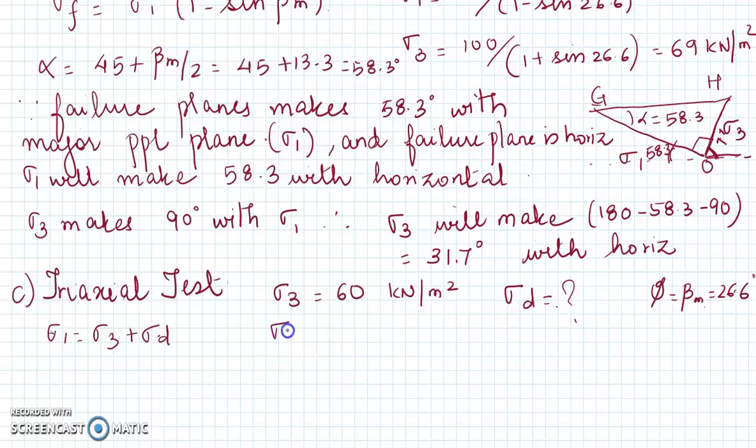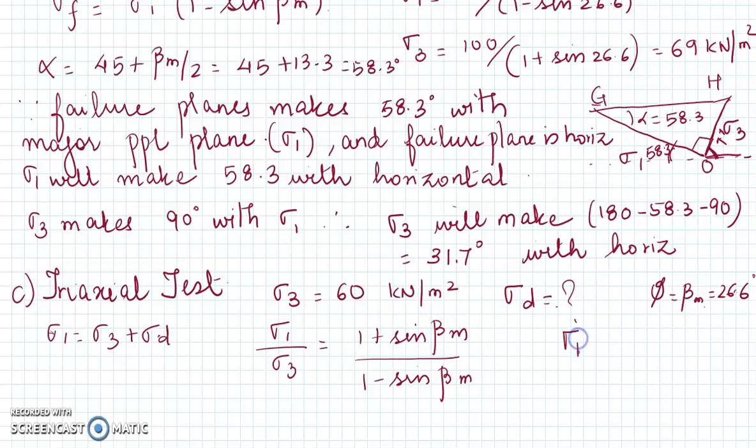We do have. Sigma 1 upon sigma 3 is given as 1 plus sine of beta m upon 1 minus sine of beta m. Now beta m is same as phi, you substitute it here and you substitute all these values, you have the value of sigma 3, you will get sigma 1 is equal to how much?